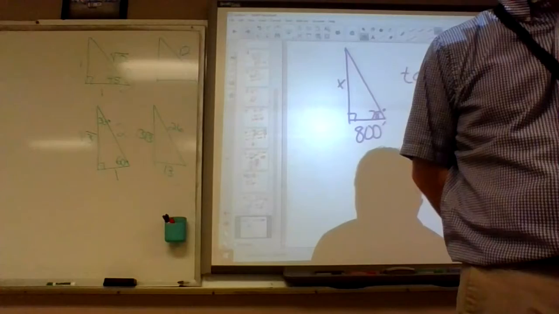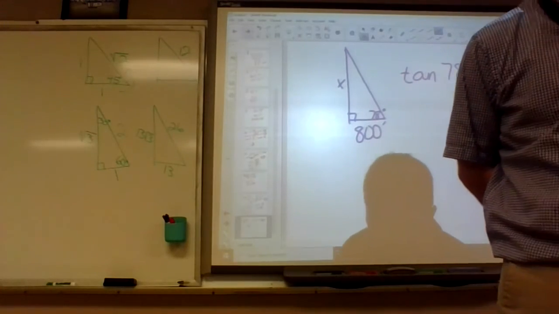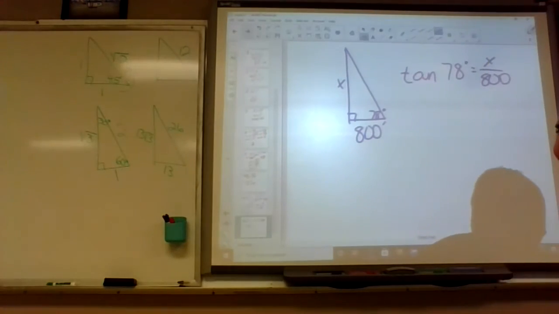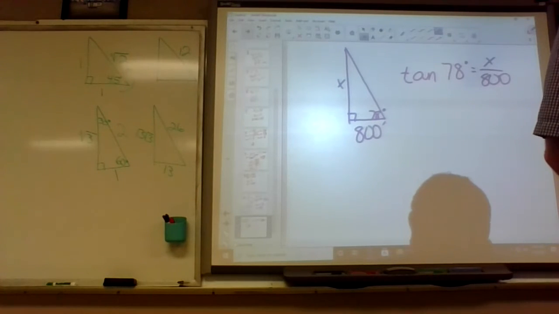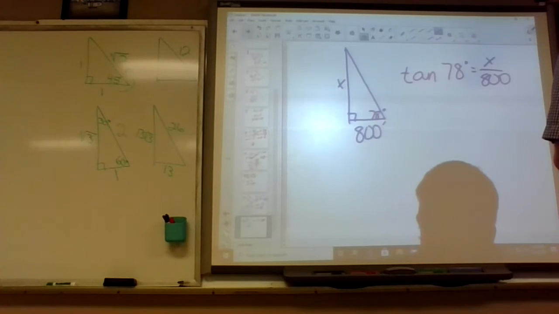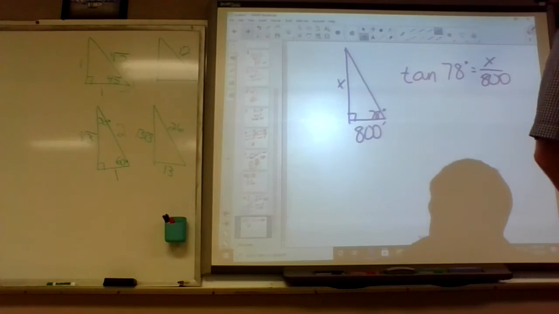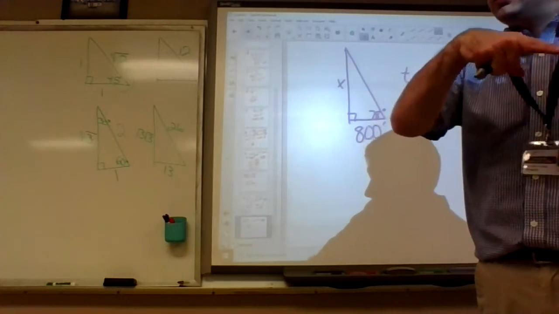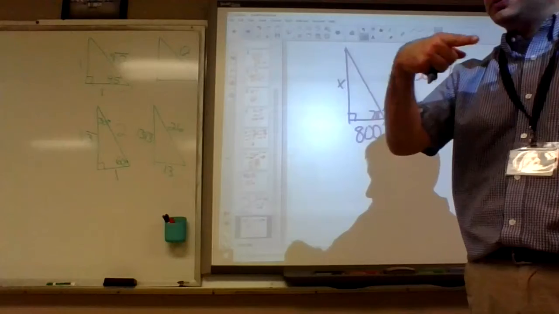Okay, on 22, the reciprocal identities. You guys remember those? So secant, do you guys remember what secant was the opposite of? Cosine, right. Cosecant was the opposite of sine, and secant was the opposite of cosine.